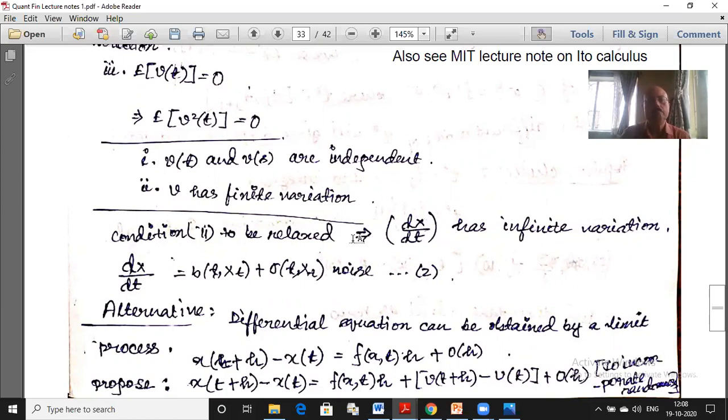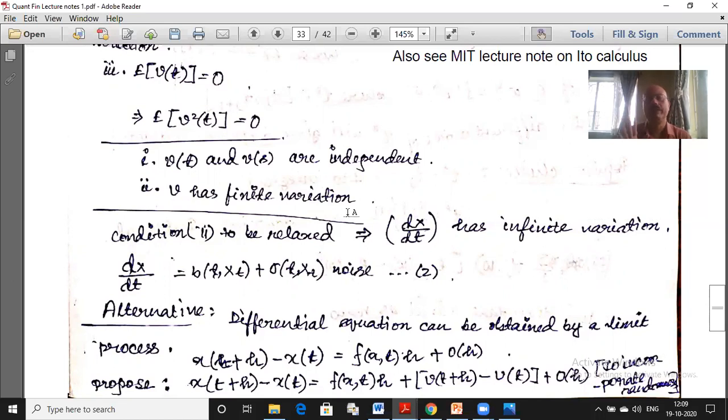The candidate choice that was made is: let us give up finite variation. To begin with, let us allow V to have possibly infinite variation, and then see whether we can still make sense of the stochastic differential equation, and from that an integration theory can be developed.